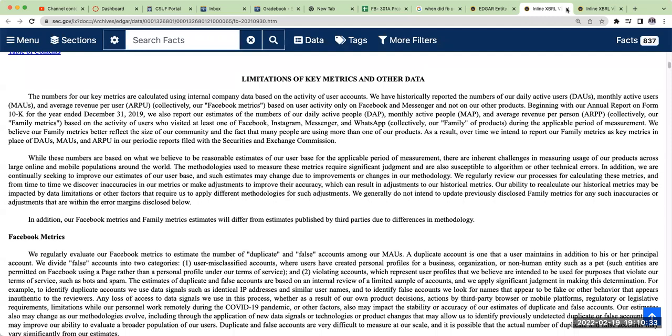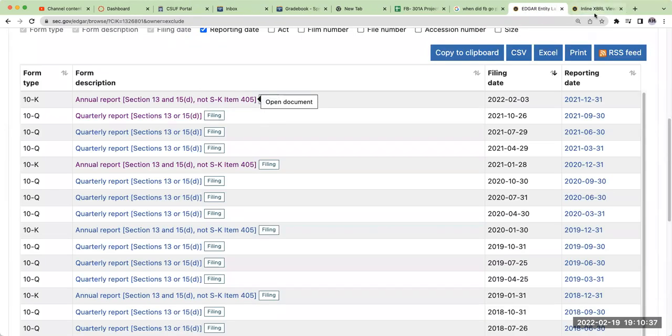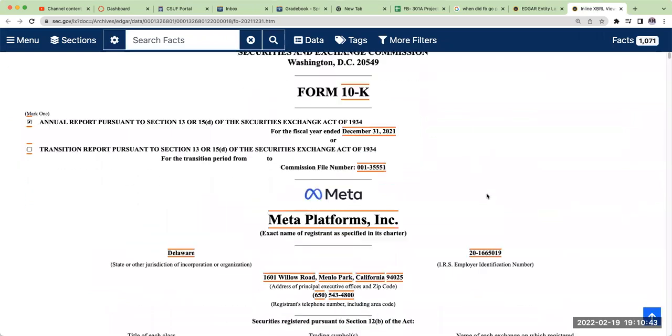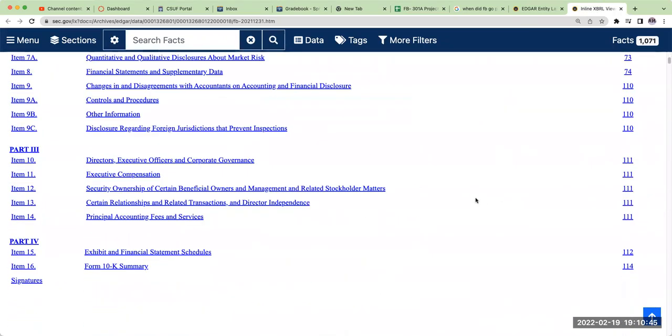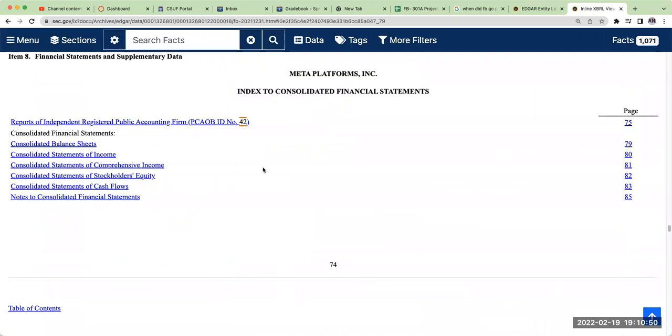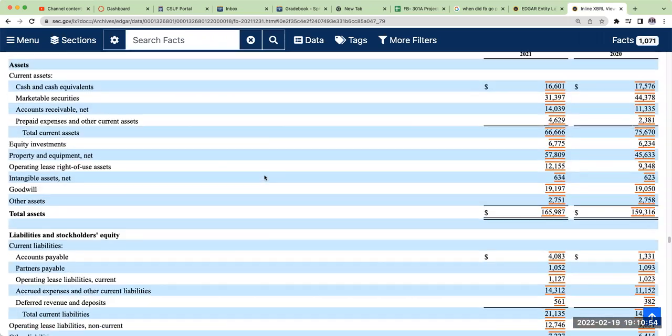But the 10-K is a little bit different. For this Form 10-K, we're going to go to Item 8, which is basically their consolidated financial statements.